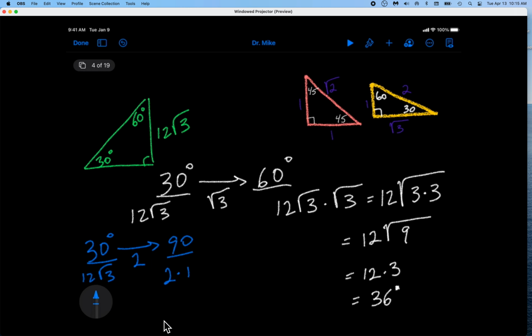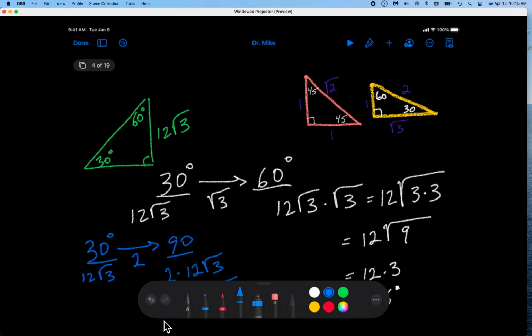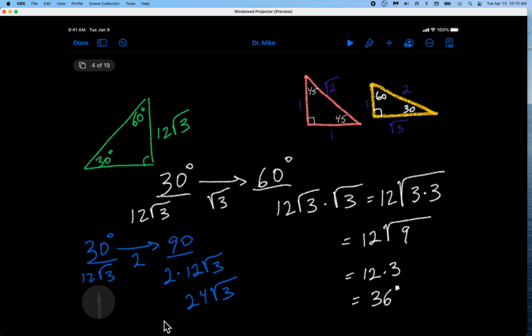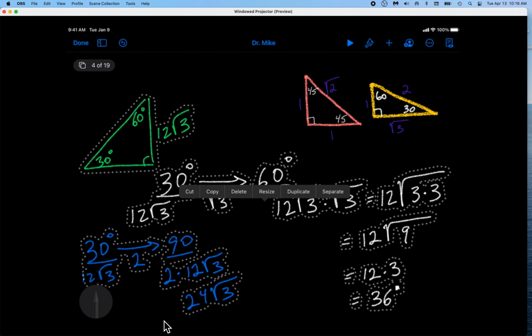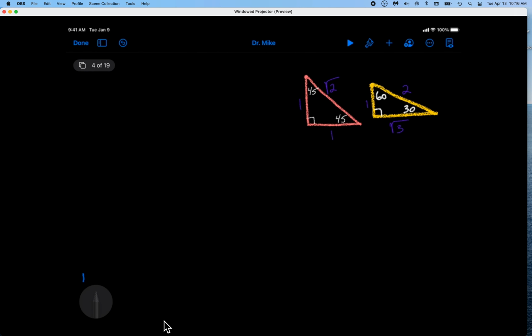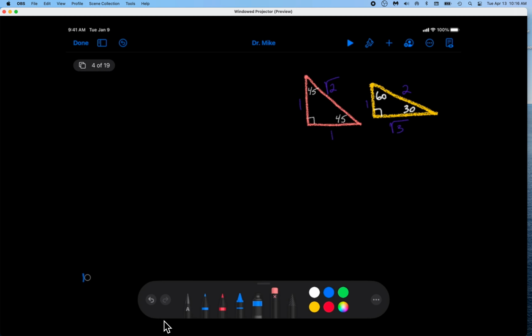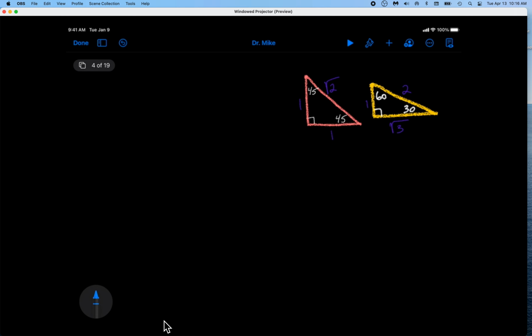Therefore, I'm going to multiply by the conversion factor, and the final answer is going to be 24 root 3. I'm going to do a couple more, and then I'm going to remove those reference triangles. Okay. How about this one?